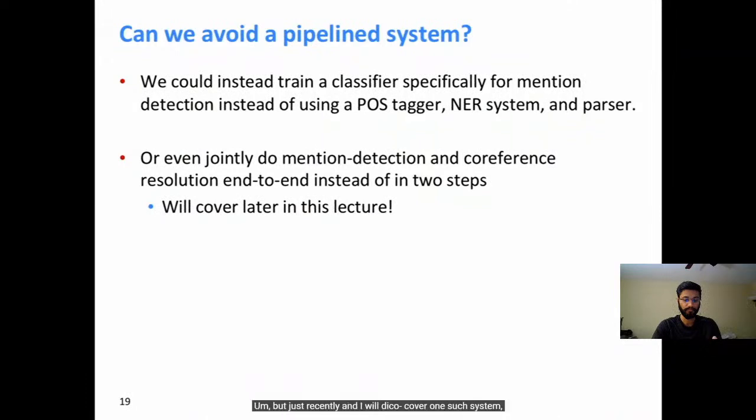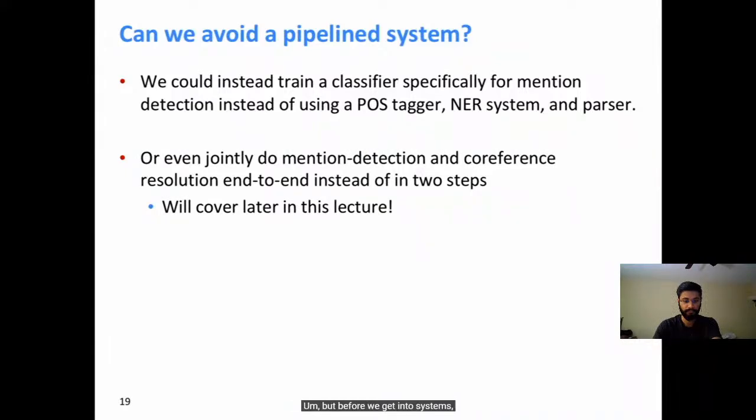But just recently, and I'll cover one such system later in the class, people in the neural world have started doing what's been effective in a lot of places in the neural networks world, of saying, can we just build an end-to-end coreference system that starts with just plain text of a paragraph and feeds out coreference clusters without there being any intervening pipeline steps. And I'll show you a bit more about how that works.